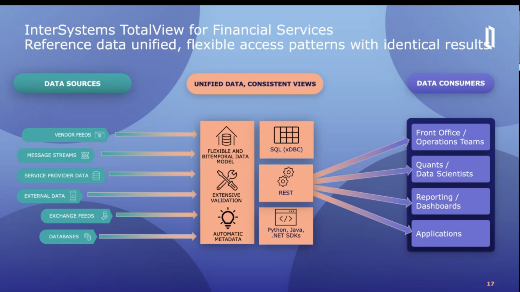It is a flexible bitemporal data model, so you can go backwards and forwards in time, to any particular point in time and see what your data looked like on that particular day.